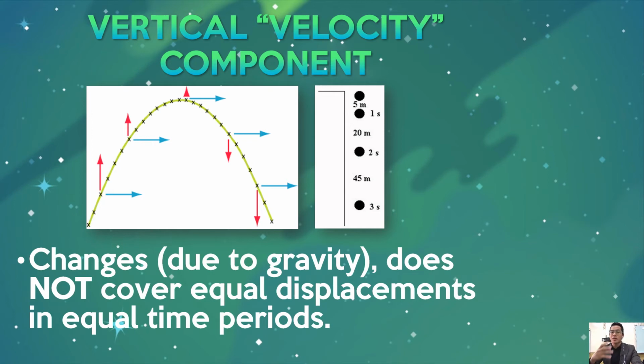So it does not cover equal displacement in a certain period of time. For example, instead of covering 1 meter per 1 second as in horizontal motion, here the displacement increases. In a 1 second interval, you have 5 meters. In another 1 second interval, the projectile now reached 20 meters.